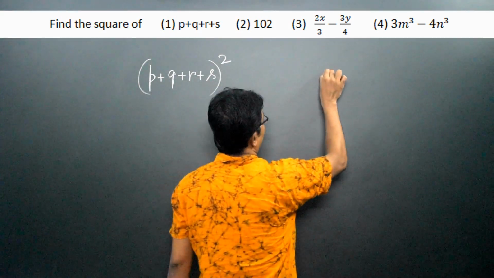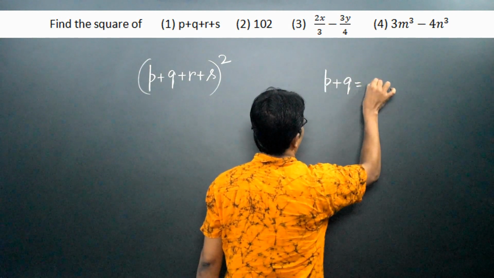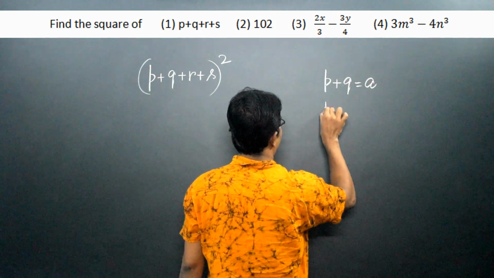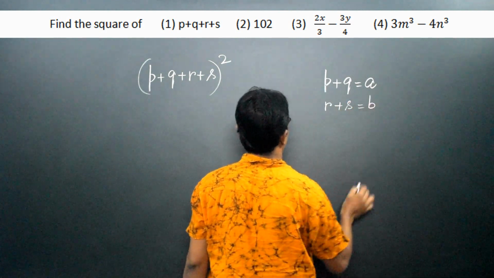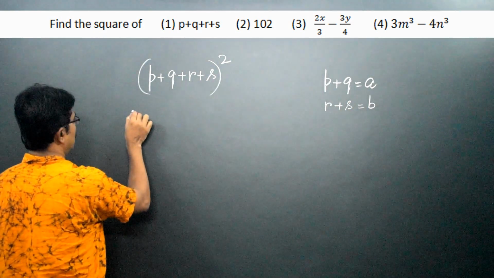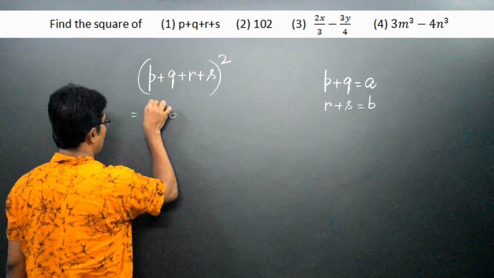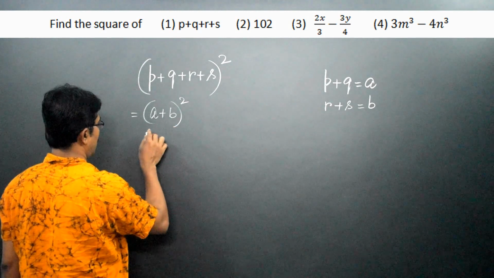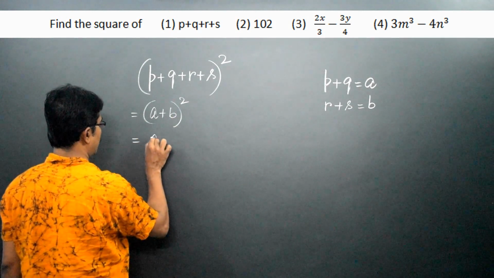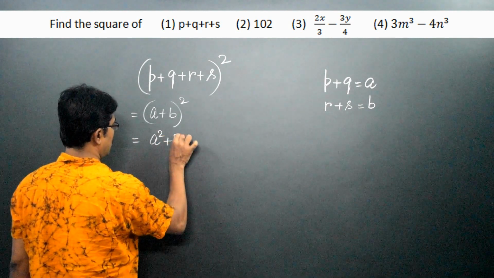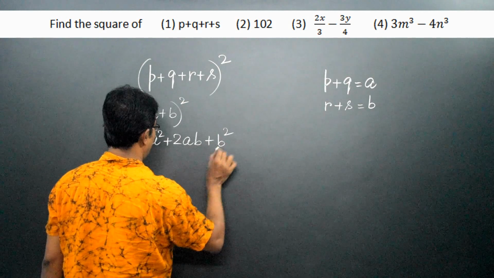Now let p plus q equal to a and r plus s equal to b. So this is of the form (a plus b) whole square. We are familiar with this identity. It is equal to a square plus 2ab plus b square.